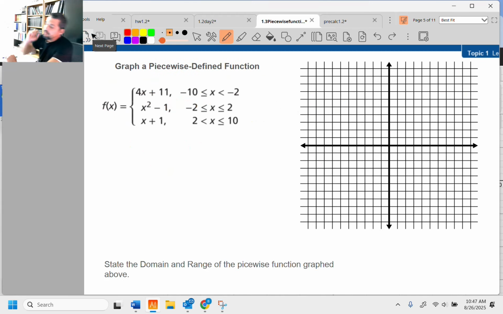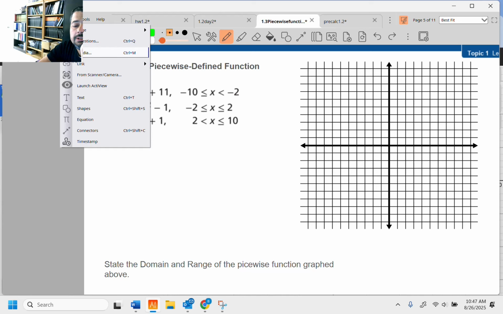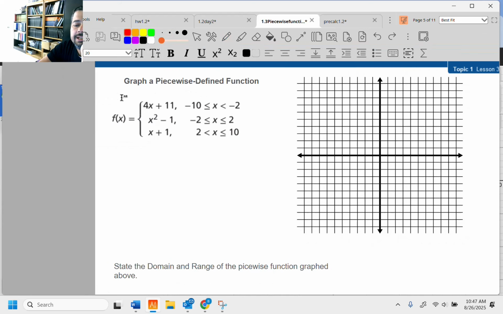Graphing. Graphing is ridiculously easy if you know what a line looks like and you can make a table. And that's the idea. Like when I see 4x plus 11, I think that's a line, because it looks like y equals mx plus b.